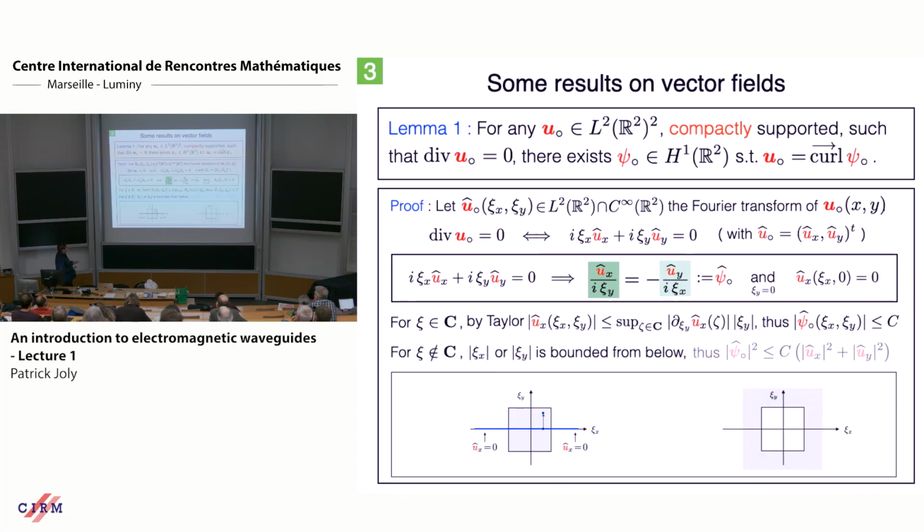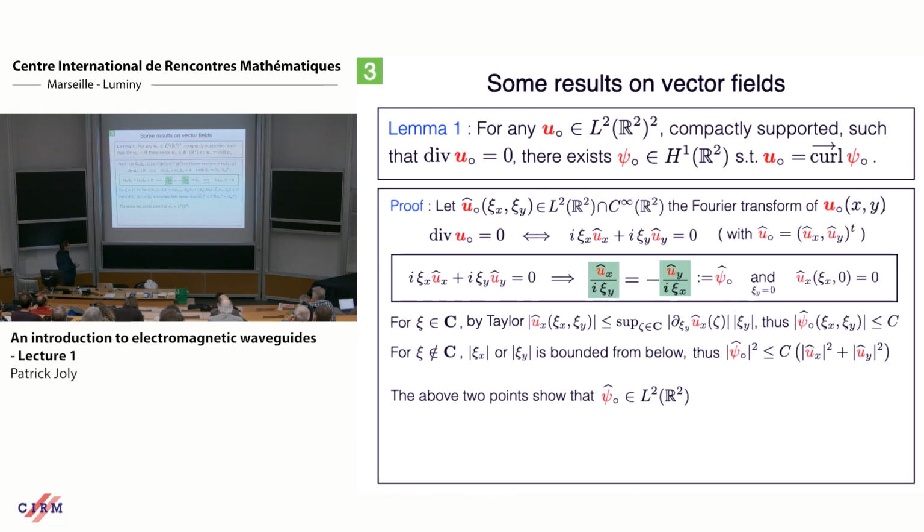So necessarily psi 0 hat is less than some constant times ux squared or uy squared or the sum. Because it is bounded locally and bounded by an L2 function globally, it is in L2. So this function is in L2.